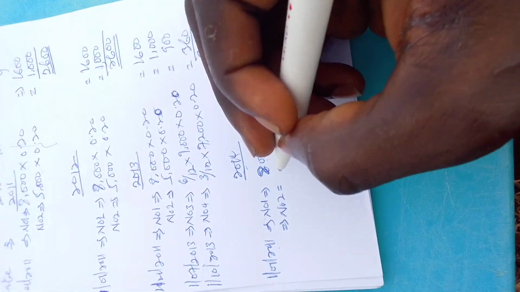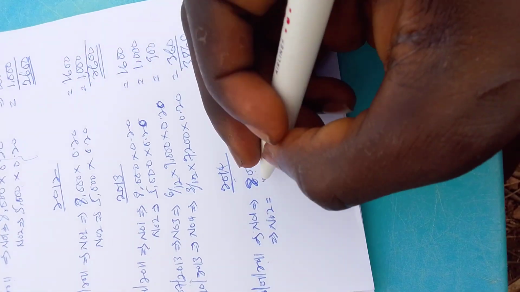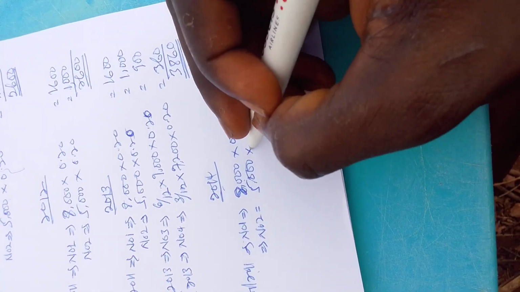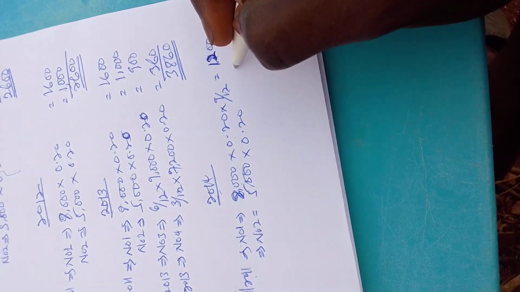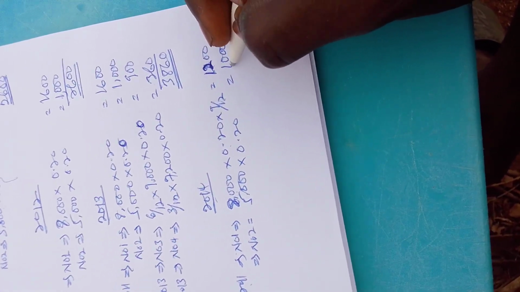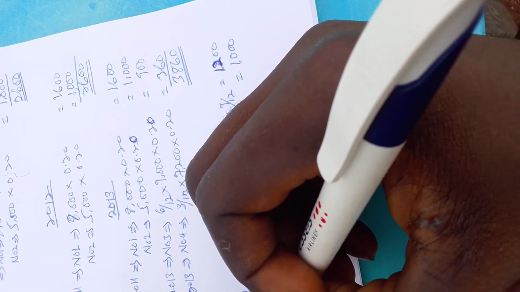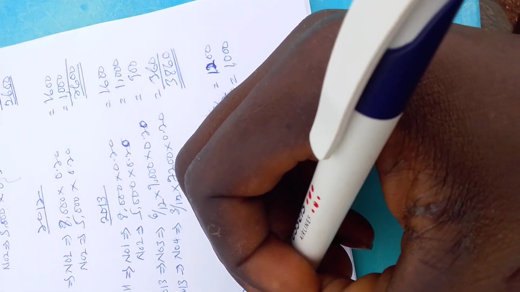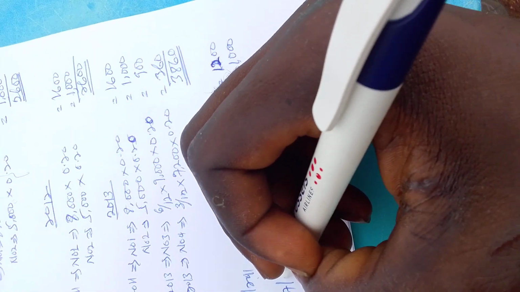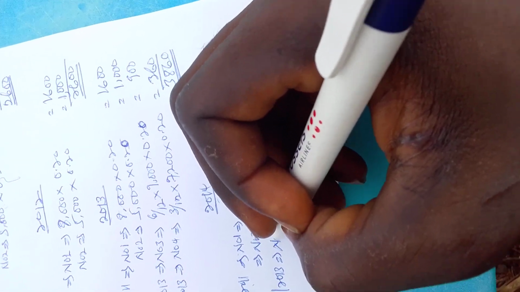Then let's do asset number 2. That one wasn't sold off, so it's still maintained. Multiply 0.20, which will still give us 1,000. And 2013, on July, asset number 3.